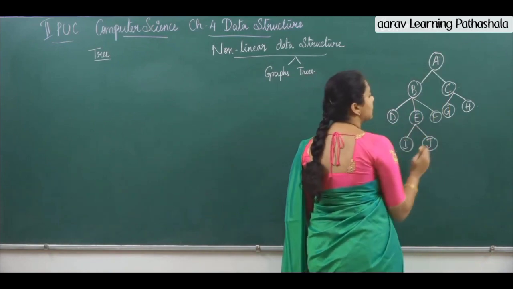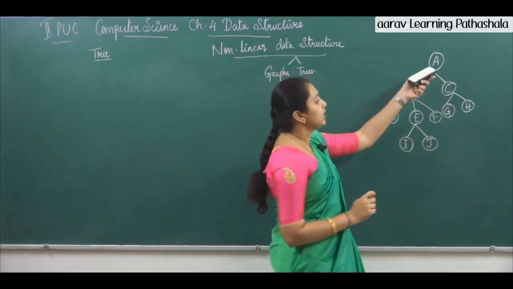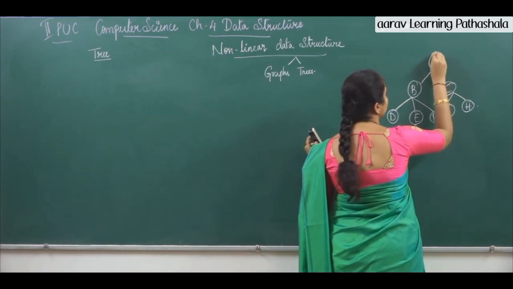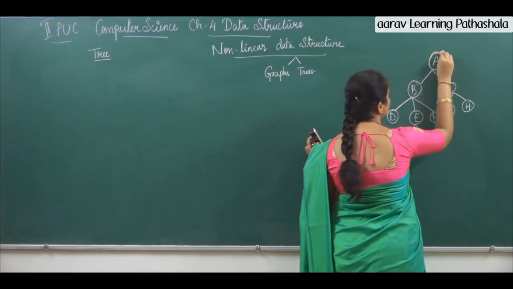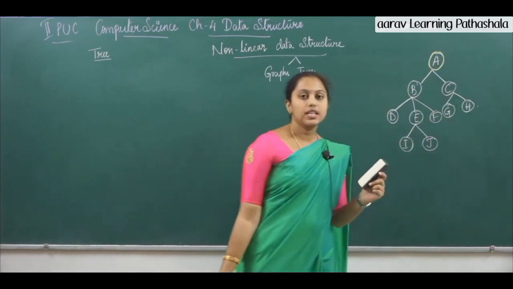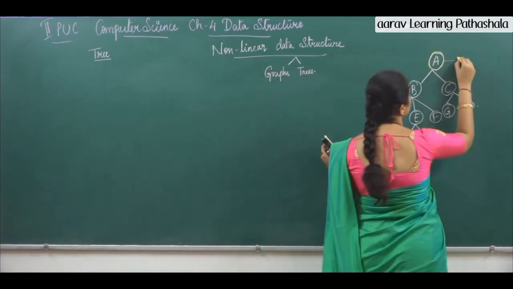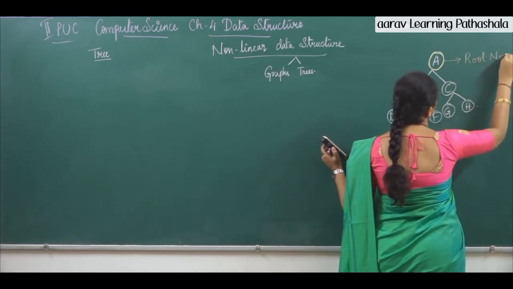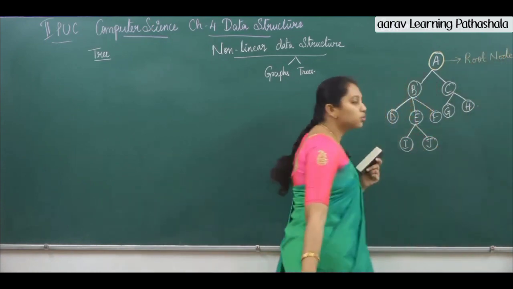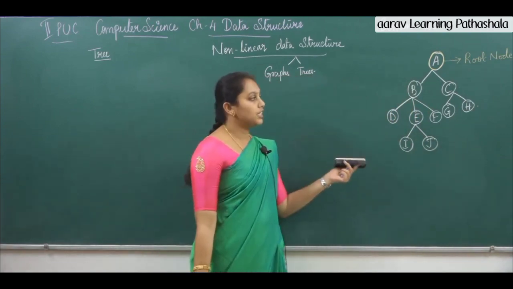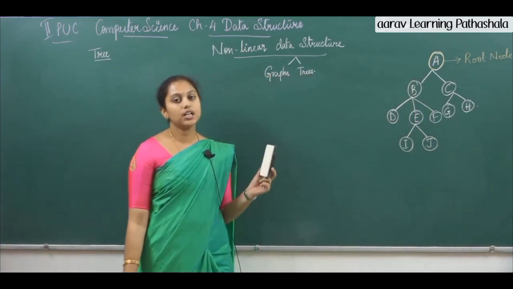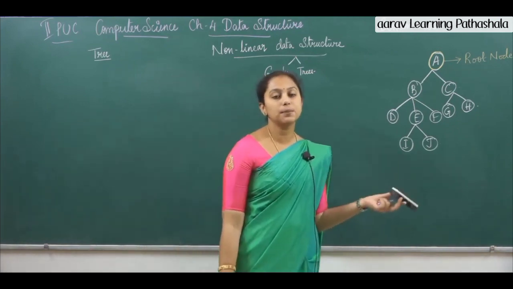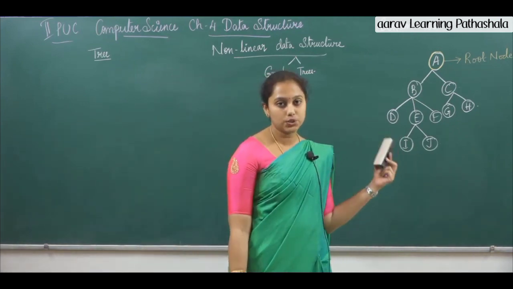So in this tree structure, this node is the first node. Hence, this node is called the root node. In a tree data structure, any tree contains only one root node. We cannot have multiple root nodes in a tree.